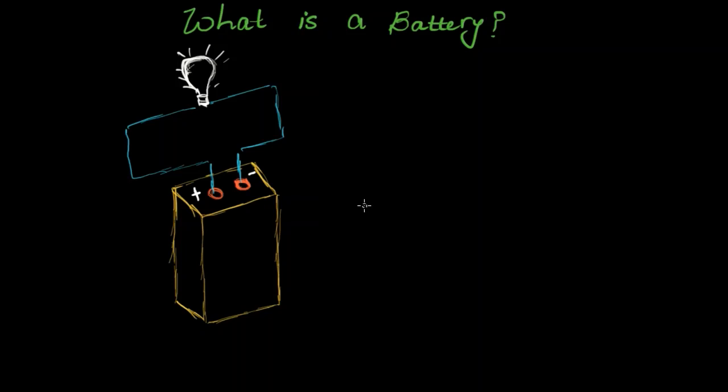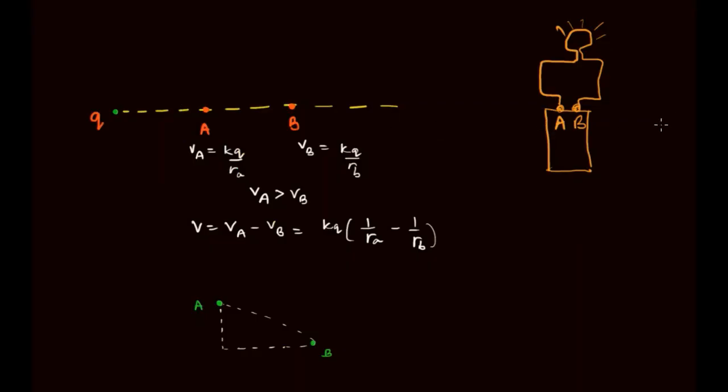Now we'll try to understand what these 15 volt, 9 volt tags, these specifications associated with a battery, mean. In this section, we will try to understand this term 15 volt, which is associated with a battery when we go to buy it. So let's say we have this battery, and it is a 15 volt battery, right?